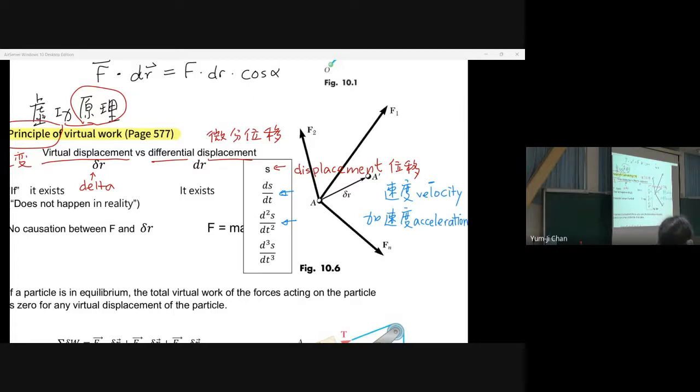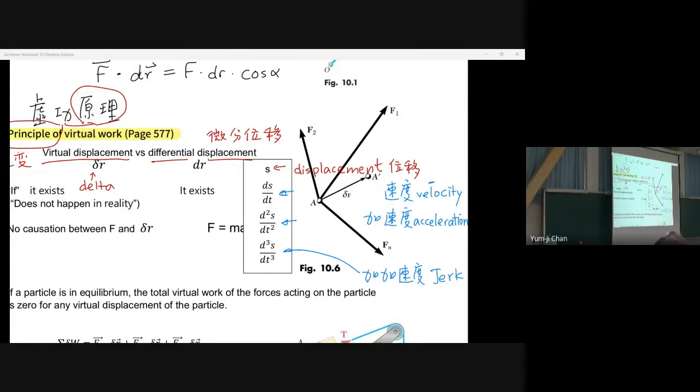Next year, you will learn one more: the change of acceleration over time, which in English is jerk.